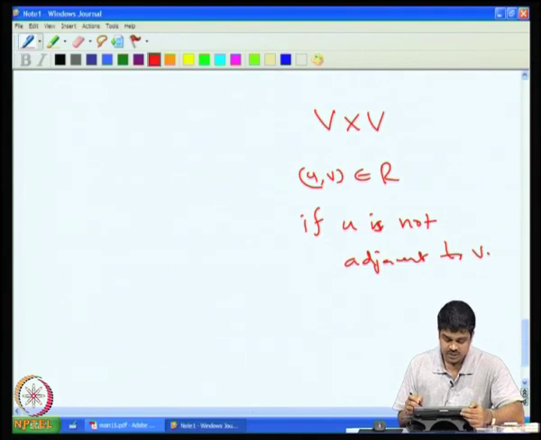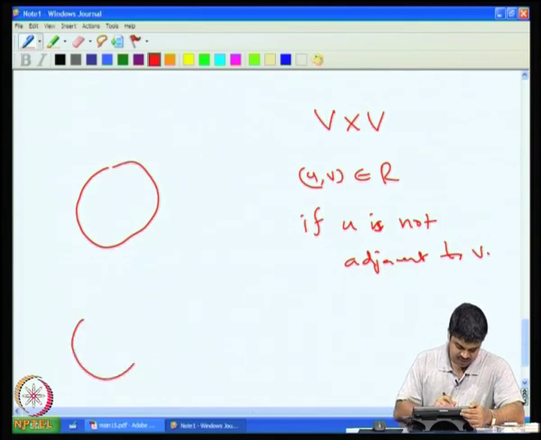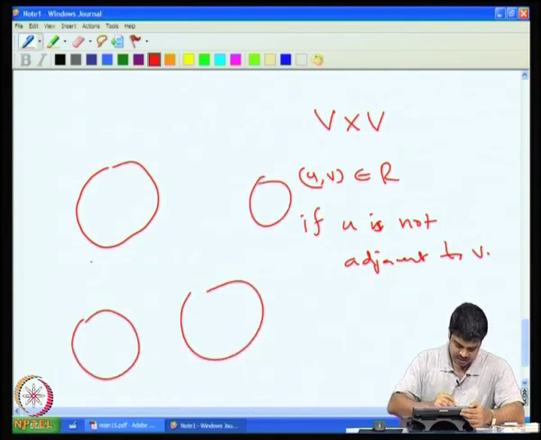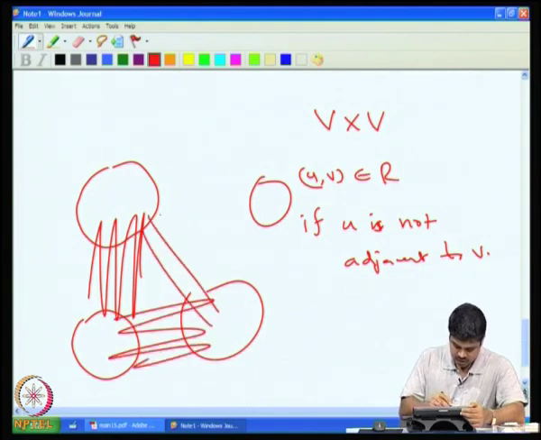If it is an equivalence relation, what will happen? It will give you partitions, right. So, like this, and then such that none of them. So, this will essentially form a complete graph.